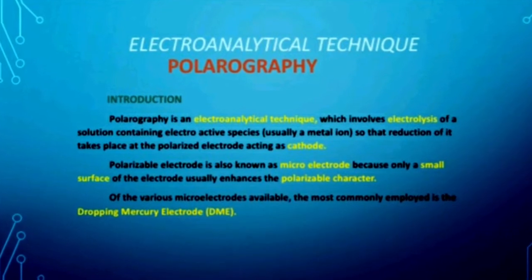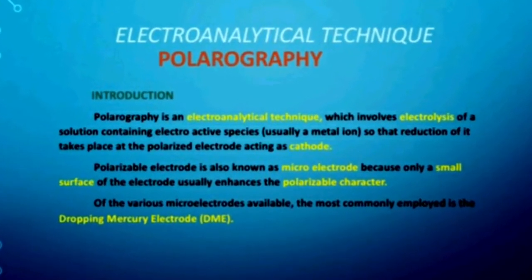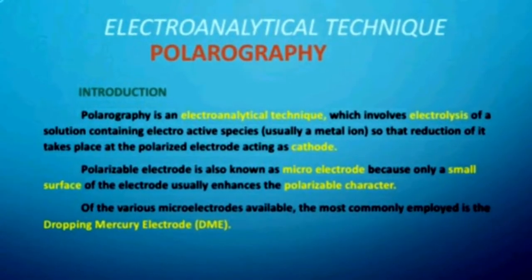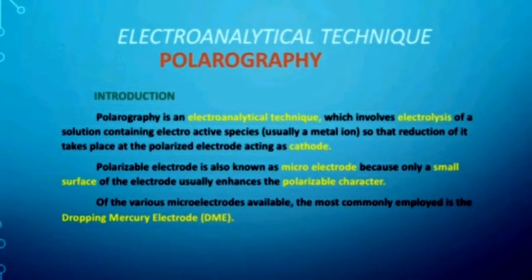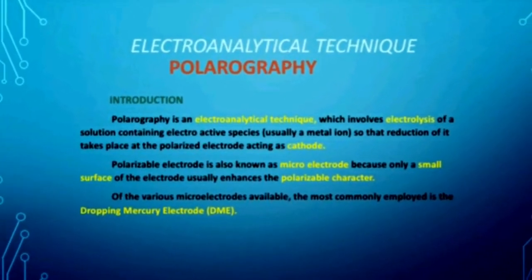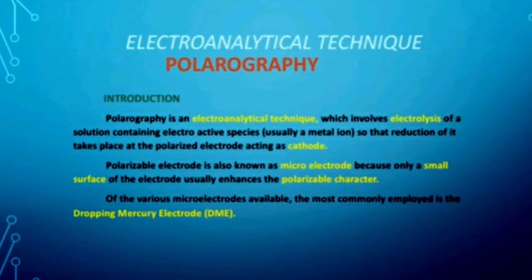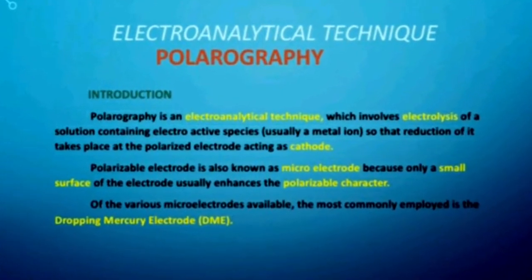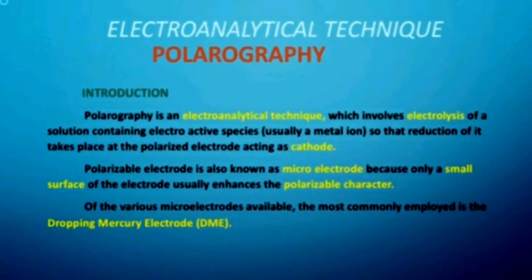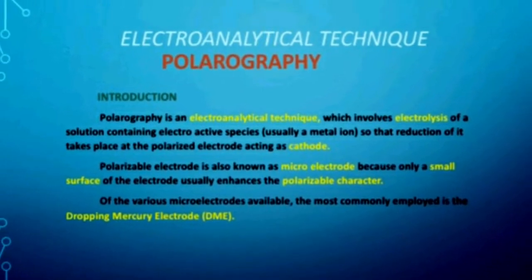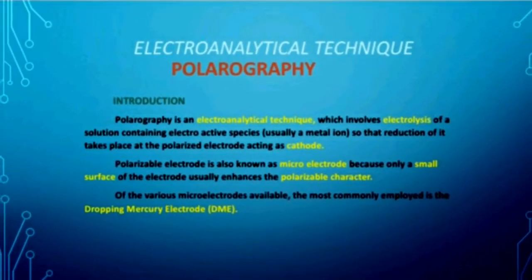We know that reduction happens at the cathode. So these electroactive species present in the electrolyte travel to the electrode, which is the cathode, to undergo reduction. When they undergo reduction, they are also polarized. Hence, the cathode is called a polarized electrode.